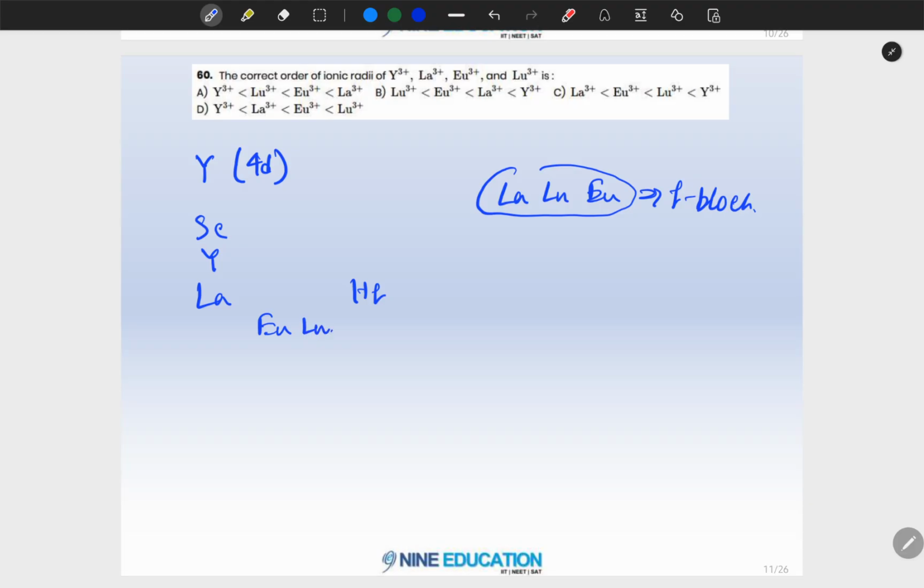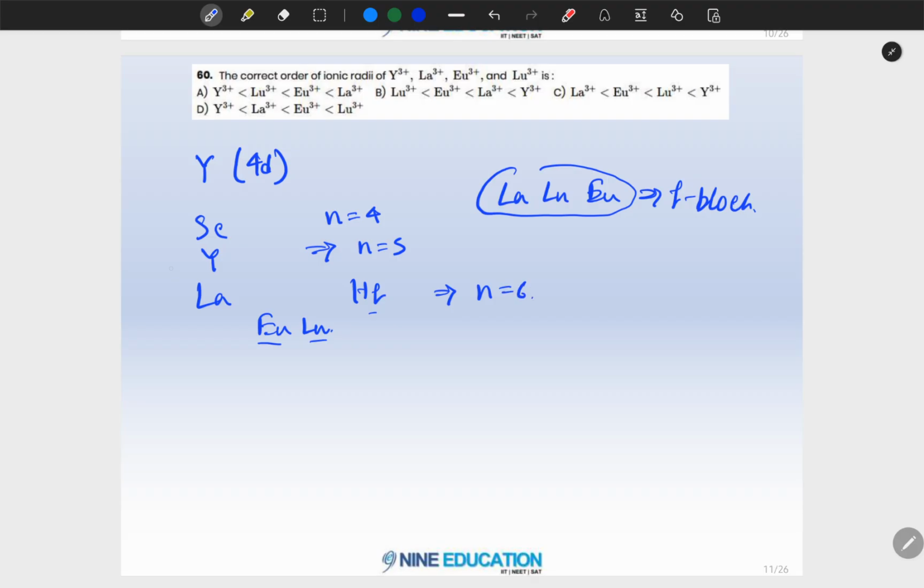Clearly, the principal quantum number of the outermost shell for this period is 5 for yttrium. For scandium it is 4, and for lanthanum, europium, lutetium and hafnium, the principal quantum number is 6.